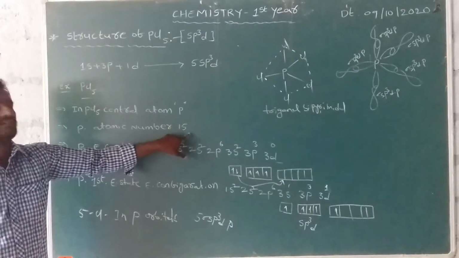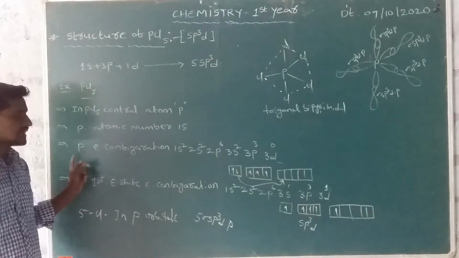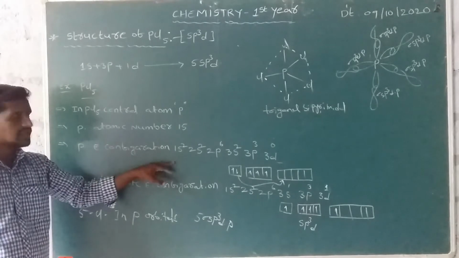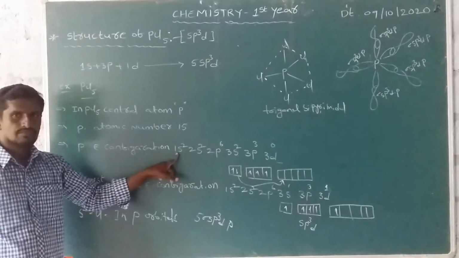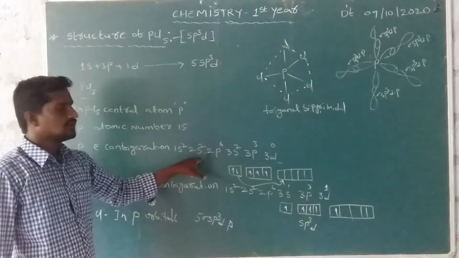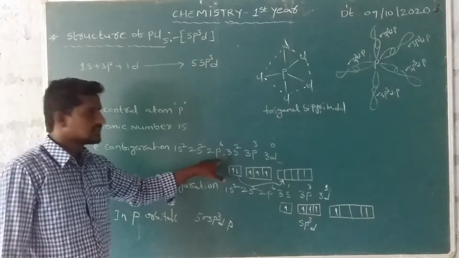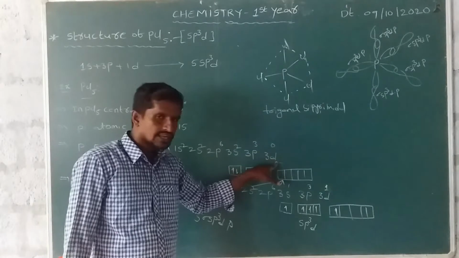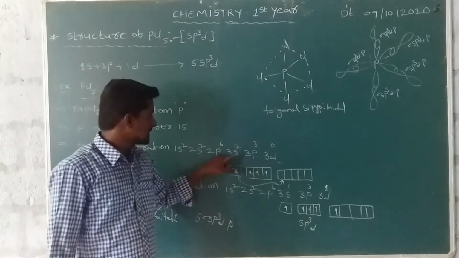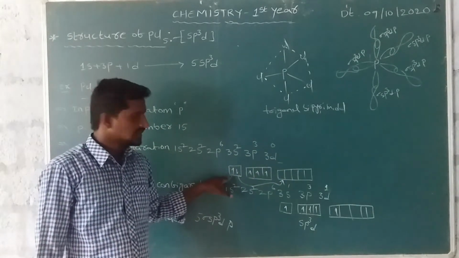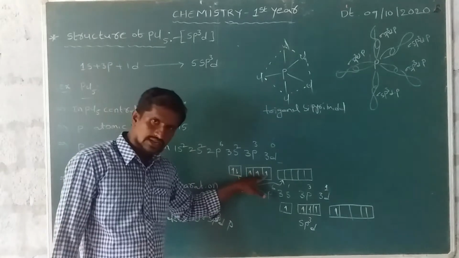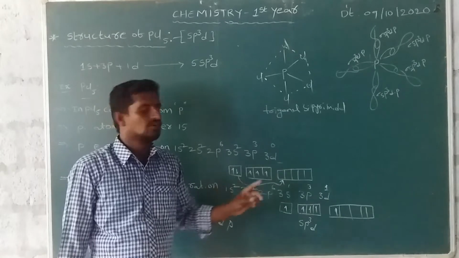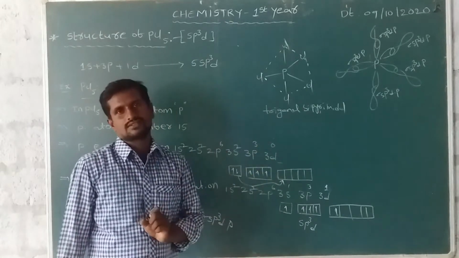Phosphorus electronic configuration: 1s2, 2s2, 2p6, 3s2, 3p3 and 3d0. 3s has 2 electrons, 3p has 3 electrons, 3d has 0 electrons.